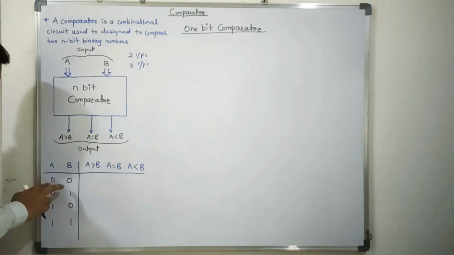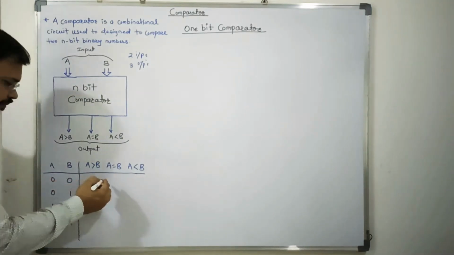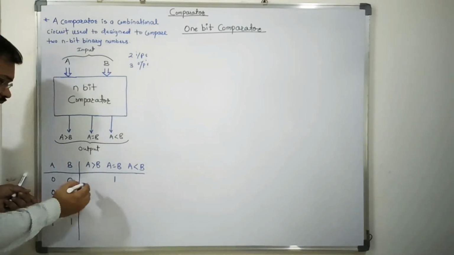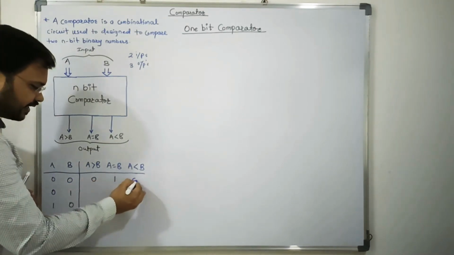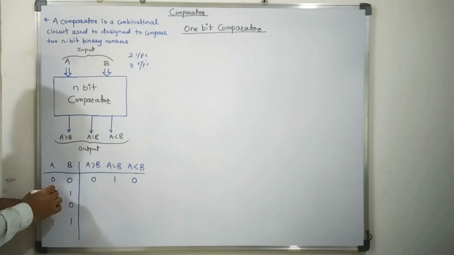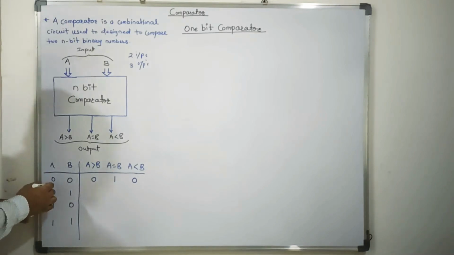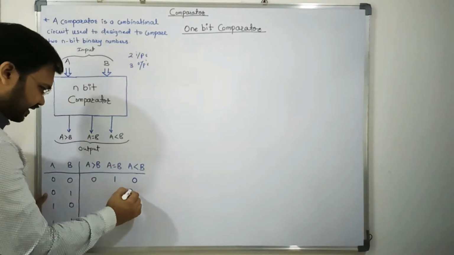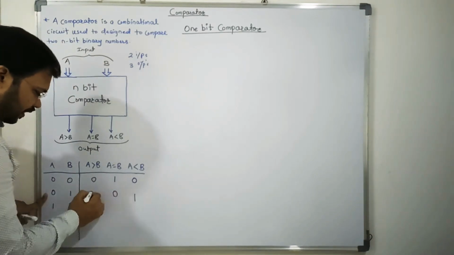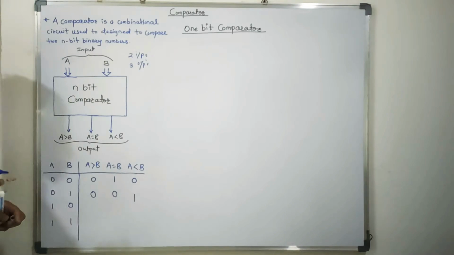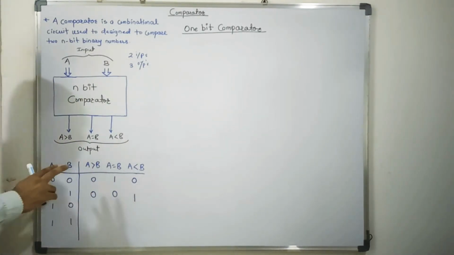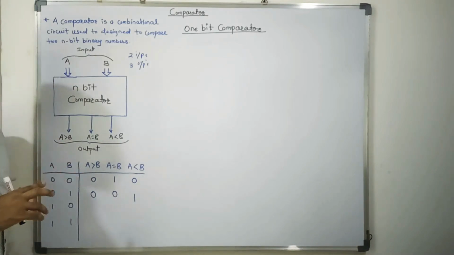If we compare 0 and 0, the numbers are the same, so the output goes to logic 1 for equals, and the other two are 0. For 0 and 1, B is greater than A, so the A less than output is 1, and the remaining two are 0. Remember one thing: only one output goes to logic 1 and the remaining will be 0.